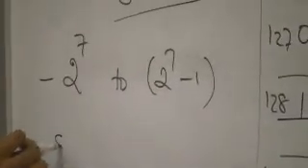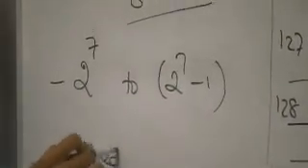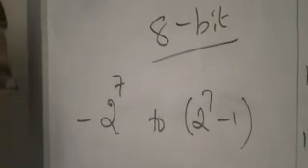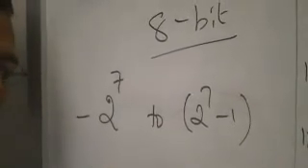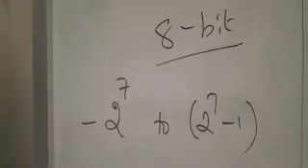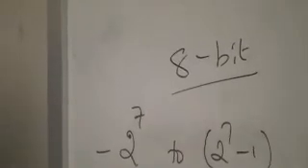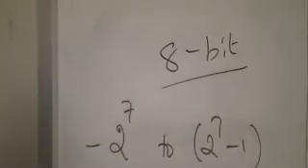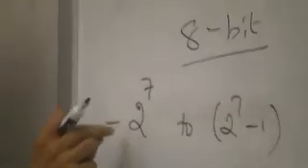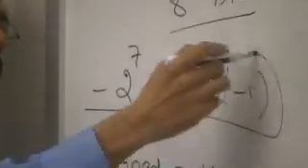Because with a signed integer, you don't really have 8 bits to work with. As I said, you really have 7 bits, because the most significant bit takes care of the sign. So with that in mind, you can have only from negative 2 to the 7 to 2 to the 7 minus 1. Okay? So let's see how it works.